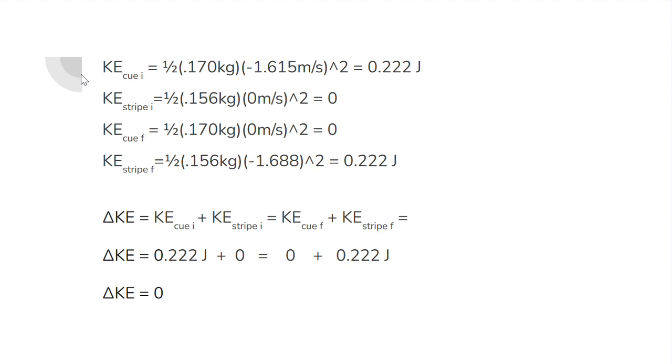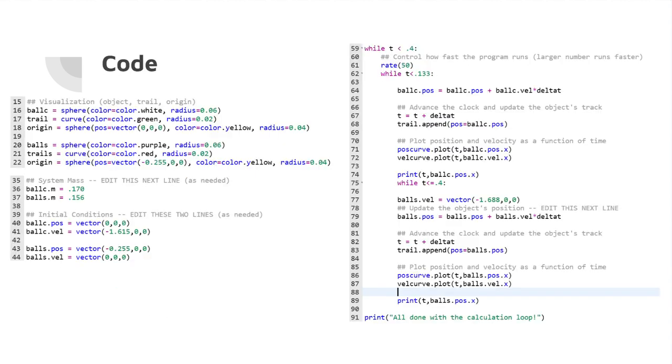And then the kinetic energy of the strike ball had a kinetic energy of 0.222 as well. So based on our momentum principle and our energy principle, these hold true, and we have delta KE is equal to 0.